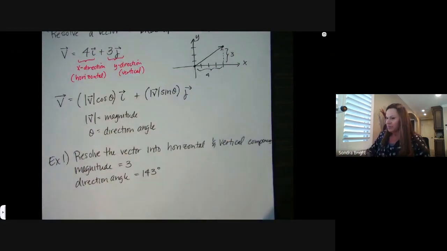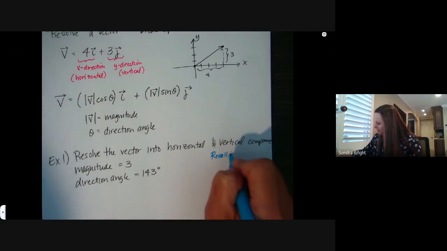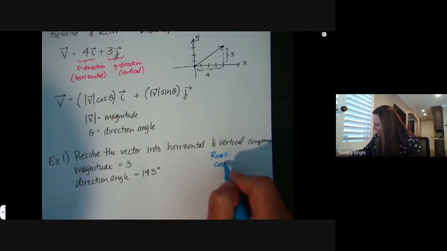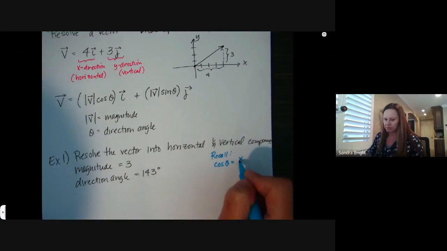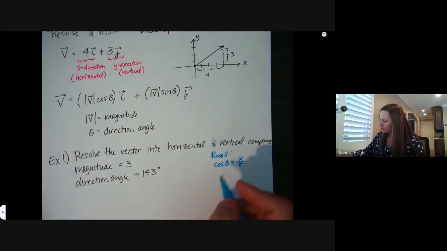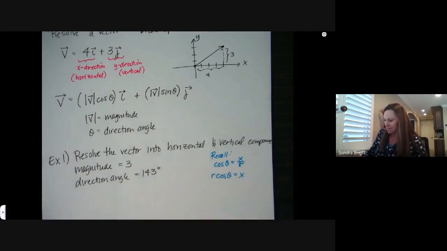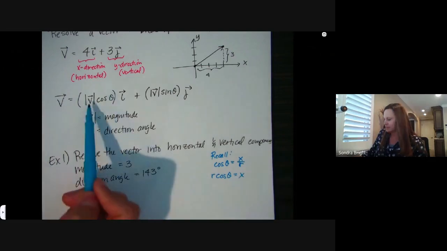So, side note, where is this stuff coming from? Do you remember that cosine of theta is x over r? Well, if you just multiply both sides by r, then that means r times cosine of theta is equal to x. r is going to be that magnitude, and then cosine of theta. So this is your x part, and then times i.